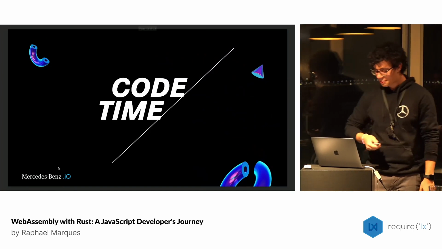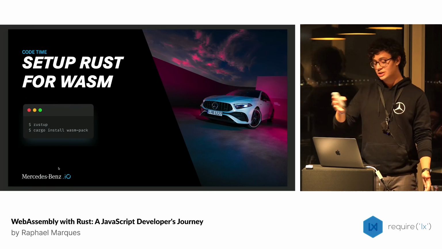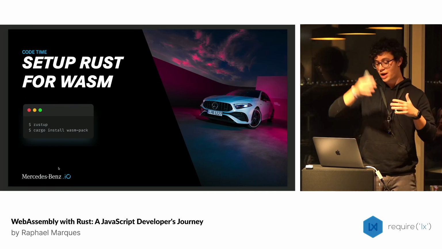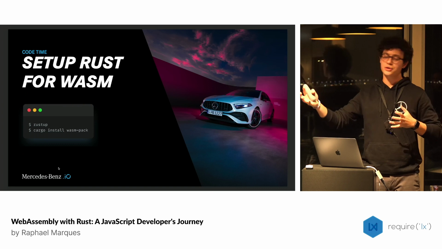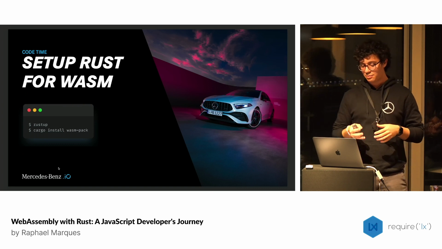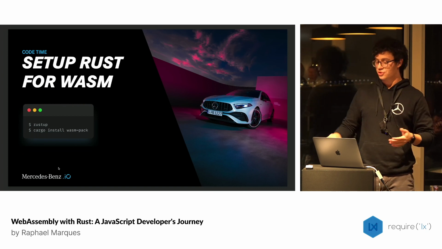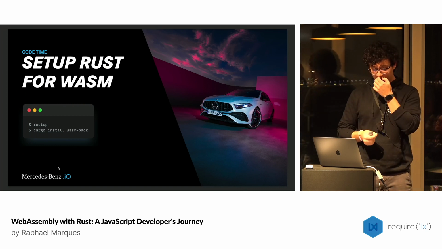So, code time. I just brought a simple example here. This is an example from scratch to integrate your code with your JavaScript application. It's very straightforward and simple. This first command is just to install Rust on your machine if you haven't done it before.